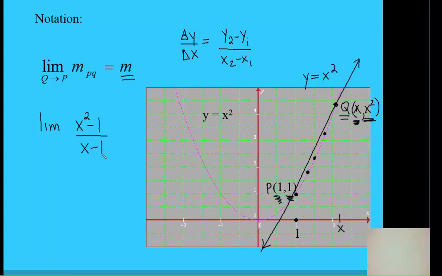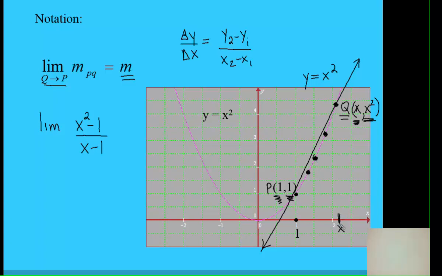And now we could say, as Q approaches P. That's what we set up here. However, what else is happening? What's another way we could write this? Well, if we went over to our graph and took a look at what's happening over here, as Q approaches P, let's take a look at what's happening to the x value.